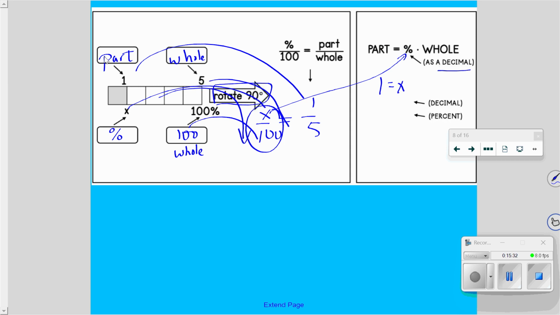I don't know. And my whole is 5. Why do we change the percent to a decimal? Because when I'm doing the percent equation, when I'm calculating, I can't use a percent to calculate. I can use the decimal equivalent to calculate.